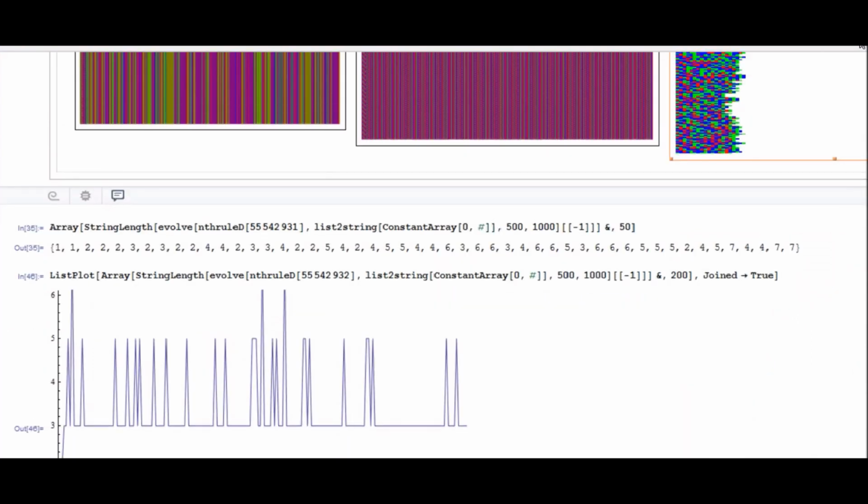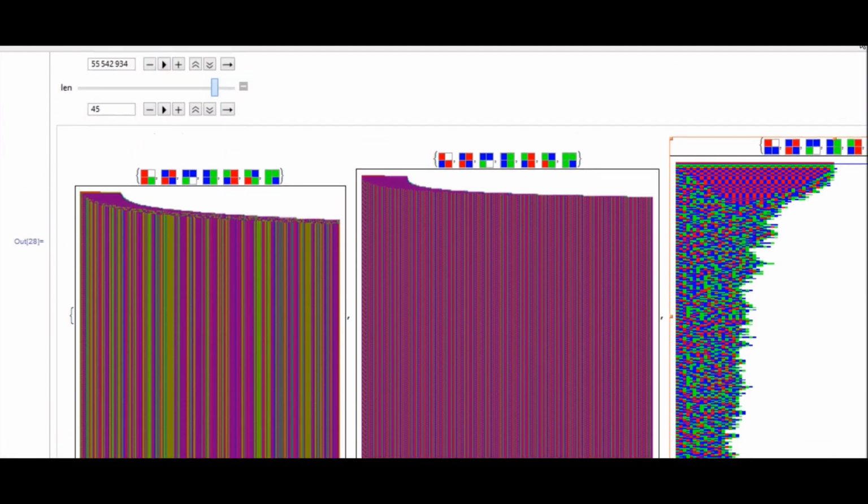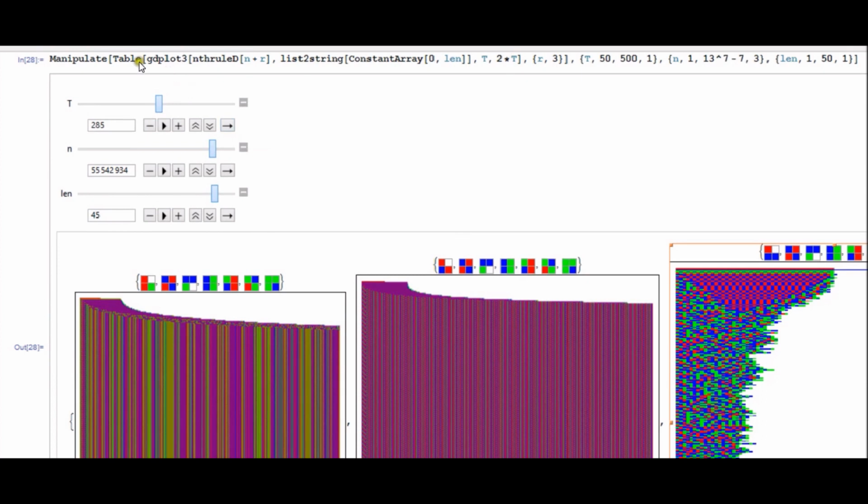Okay, so we double the runtime, and we still don't really have any clear idea what's going on. The system hasn't started repeating itself yet, although it does look as if it's very, very slowly getting smaller. But of course, these kinds of rewrite systems can double in size with the click of a finger if the right things are happening inside.